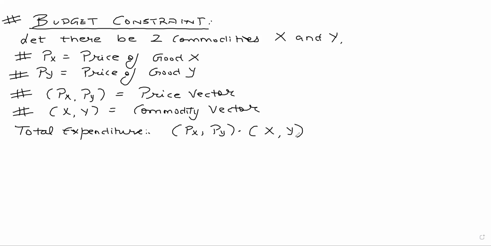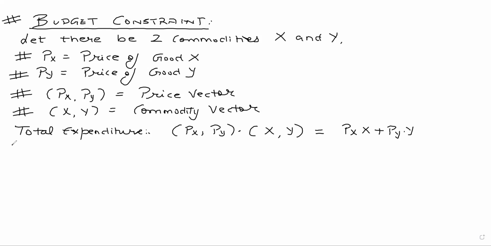In our model, we are talking only about two commodities X and Y, so we are dealing with two dimensions. This comes out as Px times X plus Py times Y. This is my total expenditure.